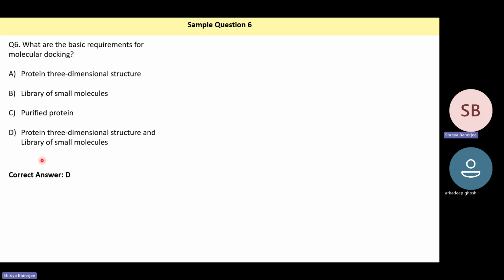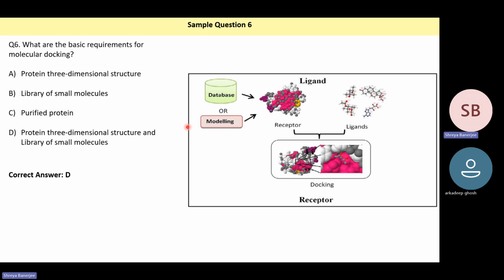So the answer here is D. So for docking, you need the 3-dimensional structure of the protein, that is the receptor here, and you need a library of small molecules. So either from a database or by de novo designing, you will get a library of small molecules.